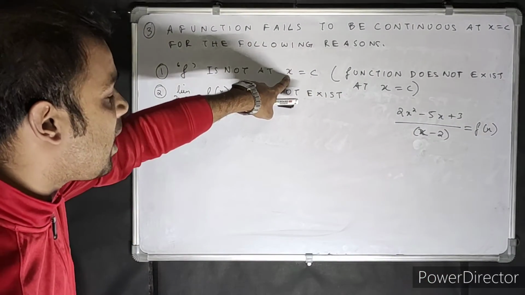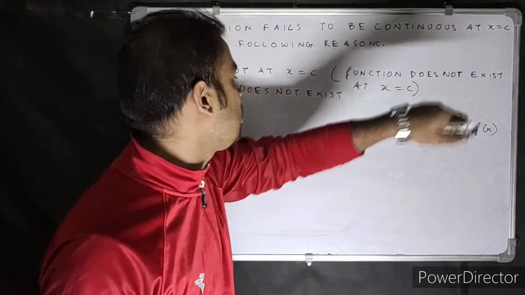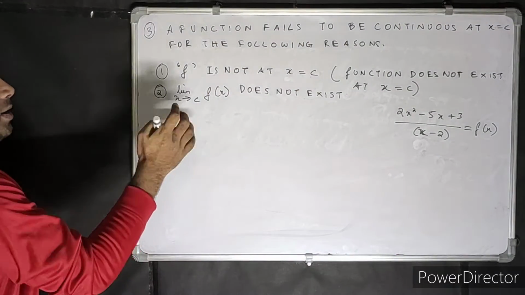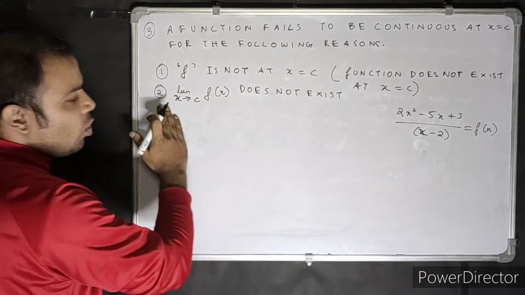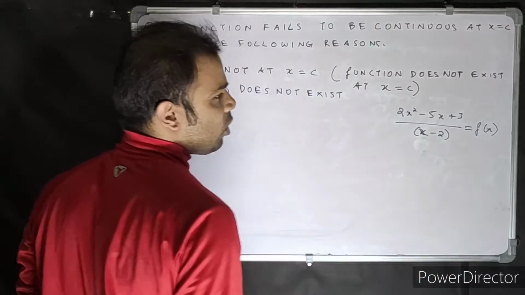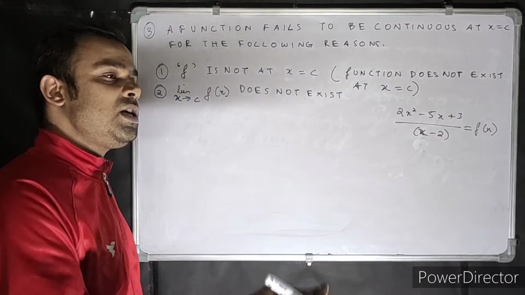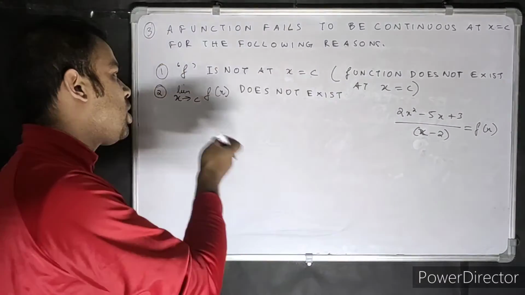We are talking about a particular point. Don't get confused. We are always writing at x equal to c. So when this function as a whole does not exist when you just put a c, because whether you put a c approaching from the negative side or approaching from the positive side, you are actually putting just c.